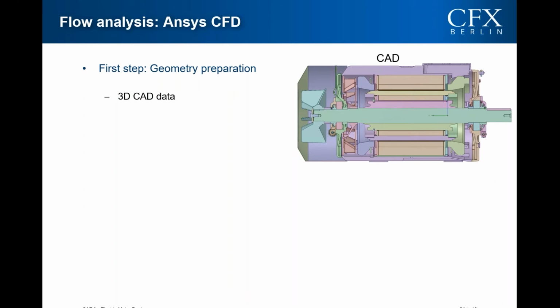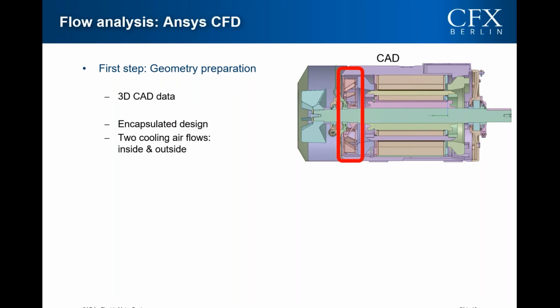The first step of every CFD calculation is the geometry preparation. In this case here, the starting point was a CAD data provided by the manufacturer. The inner parts of the machine are completely encapsulated. Basically, we have two cooling airflows.